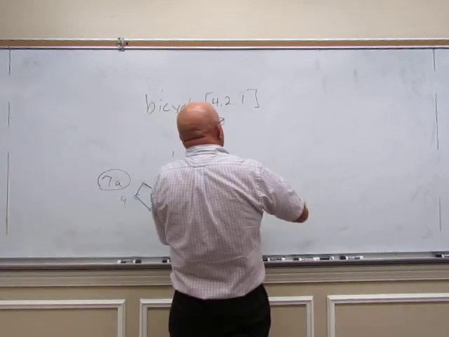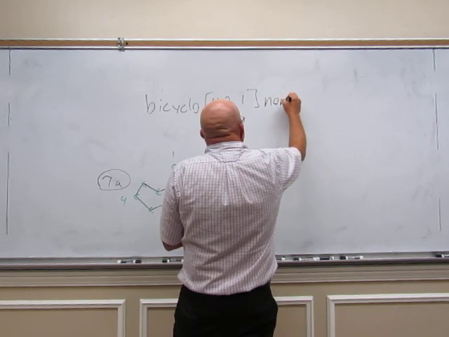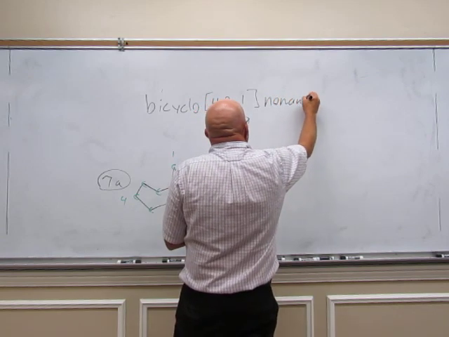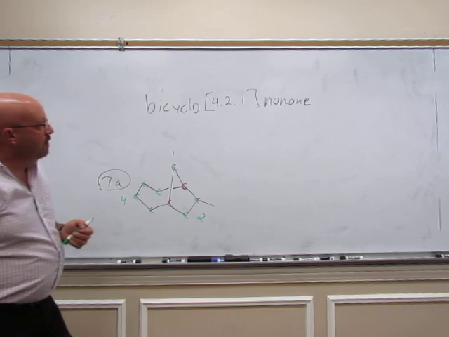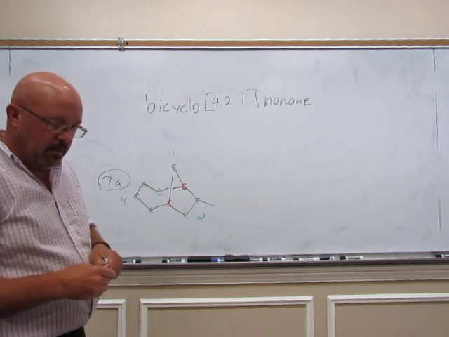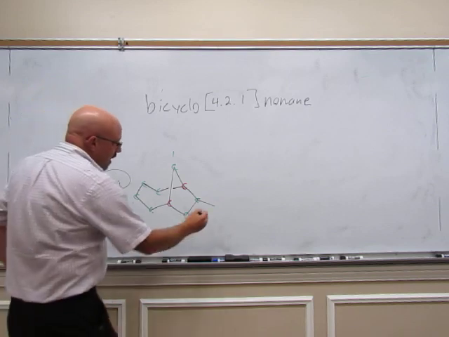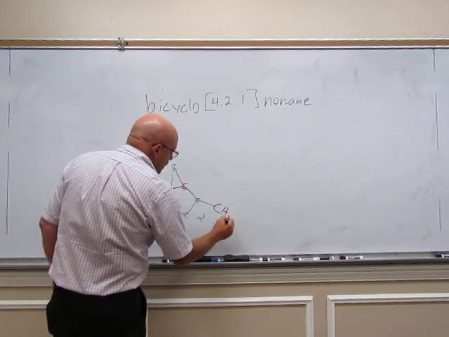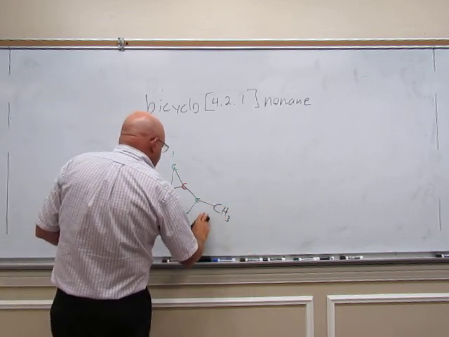So this is a nonane. It's a bicyclo 421 nonane. Now we still have a methyl to take care of. There is a methyl group hanging off out here, and I need to know where it is.